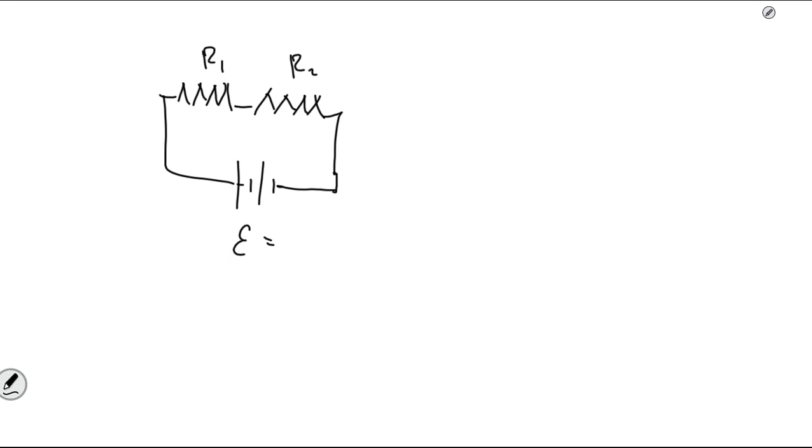EMF, which is equal to the voltage between these two points, and the minus potential can be set to 0. And what is happening to potential?